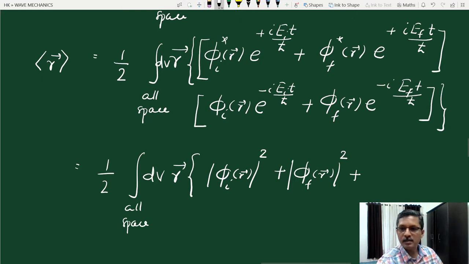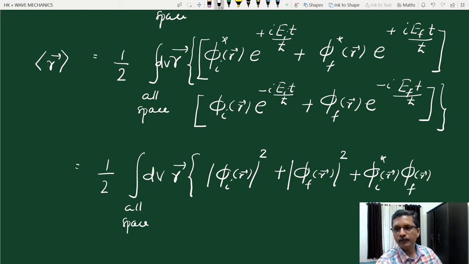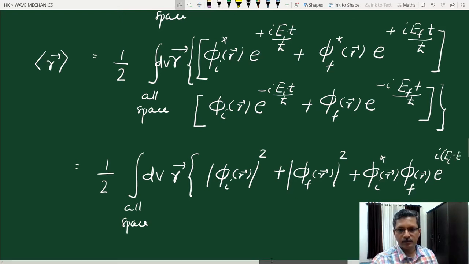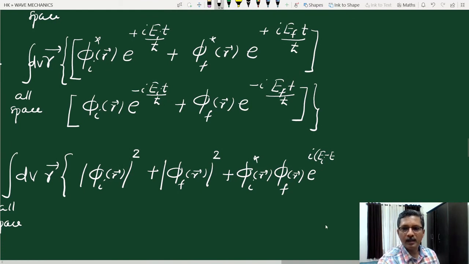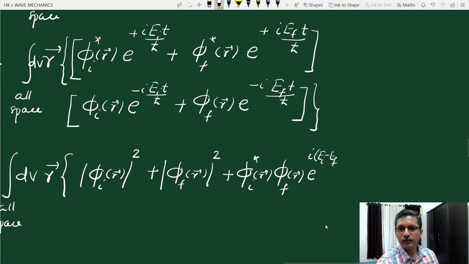So what you get is phi I star phi f, and I can take the common terms outside, so what you get is e raised to I (E I minus E f) t by h cross, right? If I take I t by h cross outside, what is remaining is E I minus E f.